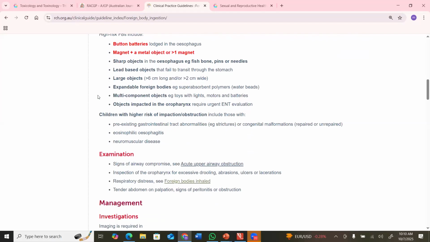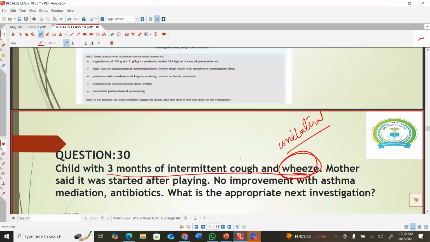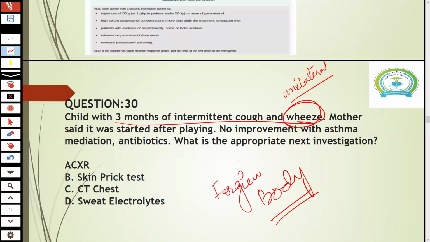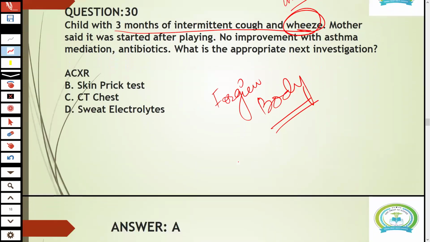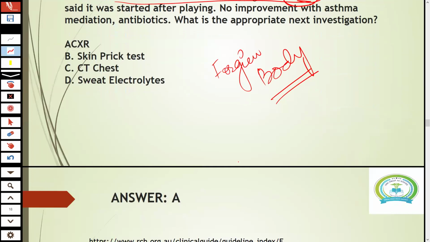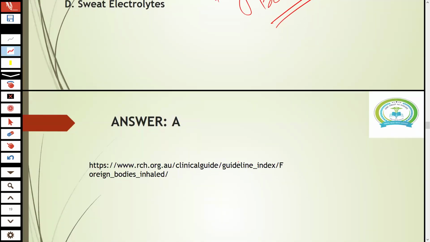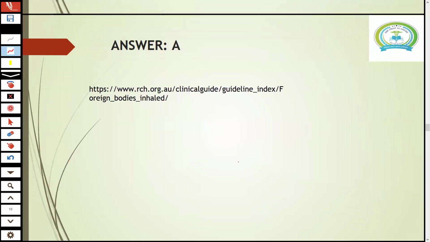Those who are enrolled students will go through these guidelines in our pediatric topic. I have attached this reference.